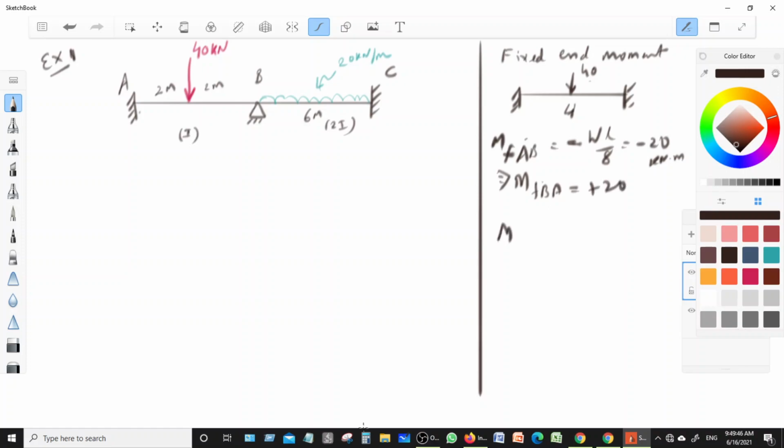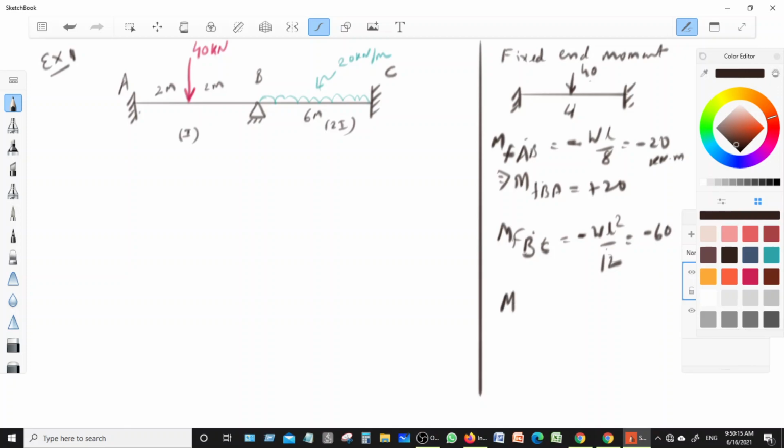Then we find MFBC at B. Because you have the UDL, your fixed beam has the UDL load, so the moment will be minus WL square by 12 for the fixed beam. You put the values, W is equal to 20 and L is equal to 6, so that is equal to minus 60.